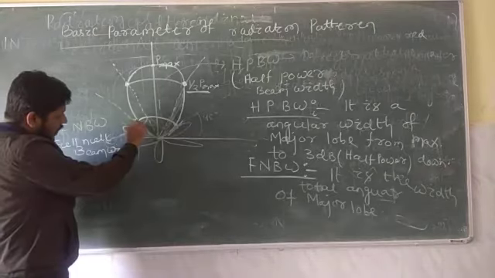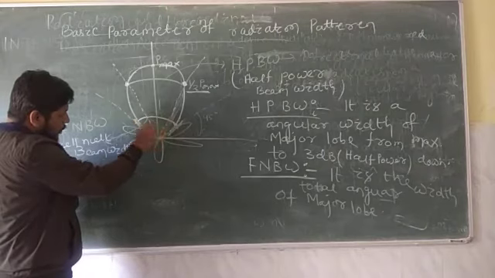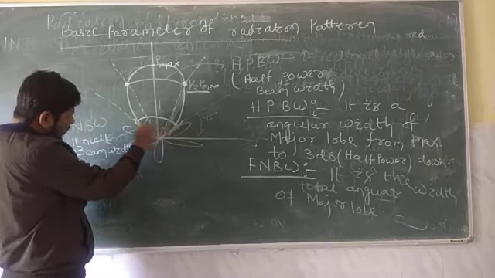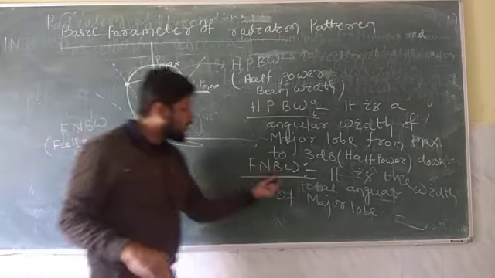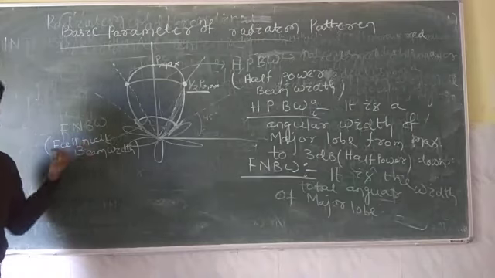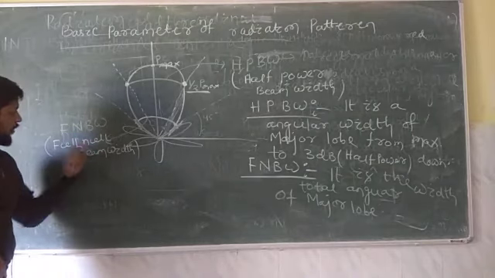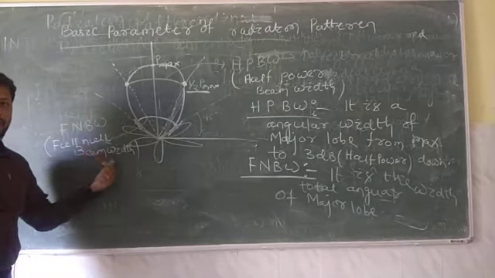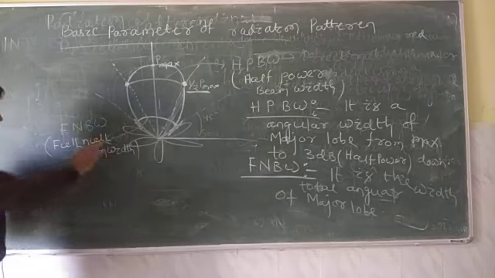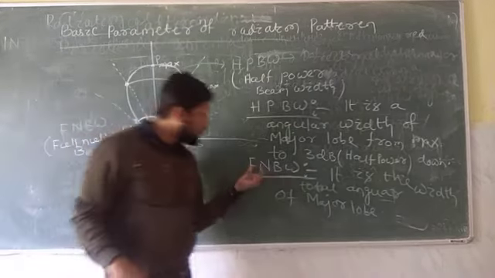So the angular distance between these two no power radiation areas, the minimum power radiation areas, is known as your full null beam width. Full null means where the radiation power is very minimum, and this angular width is known as your full null beam width.